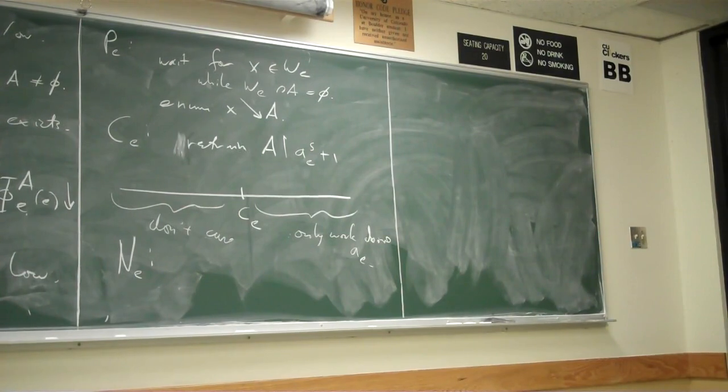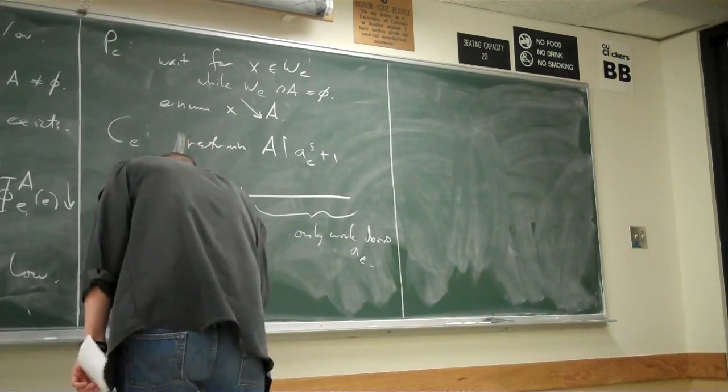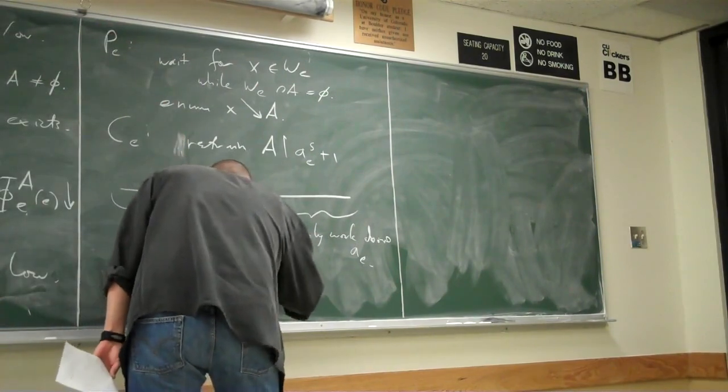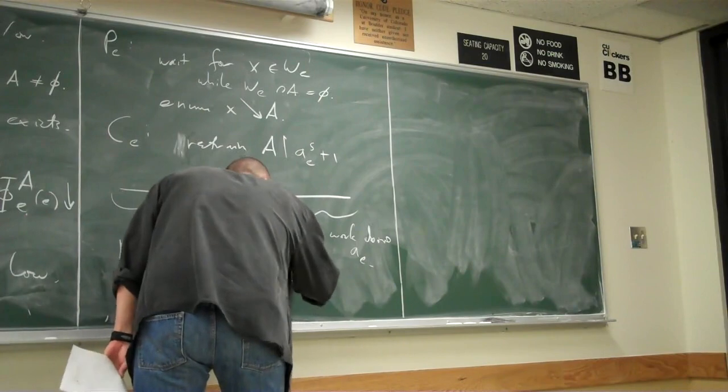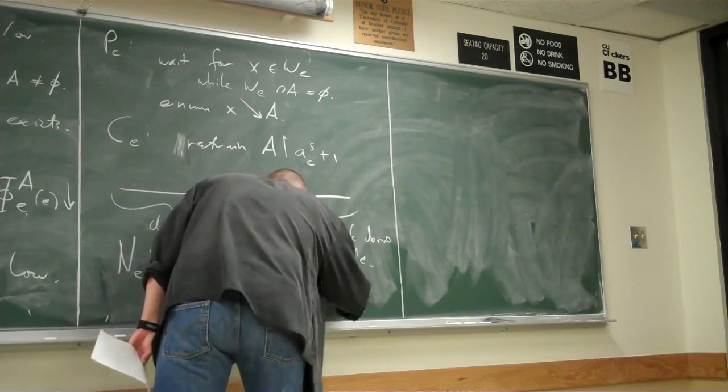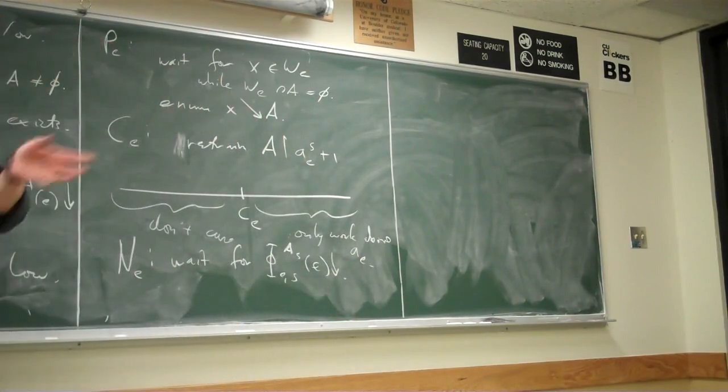But what you can do is stand back and wait for phi_{e,s}^{A_s}(e) to converge. If it doesn't converge, you don't have to do anything, and if it keeps not converging, then everything is good.